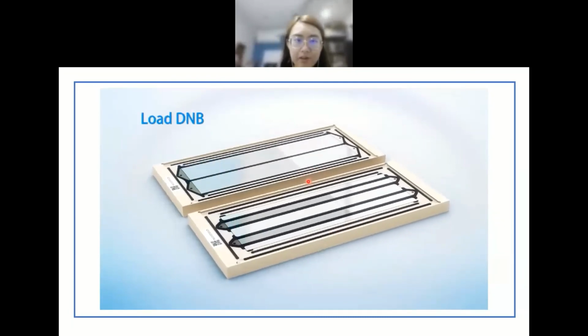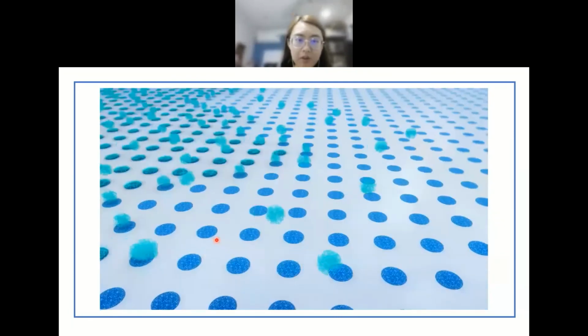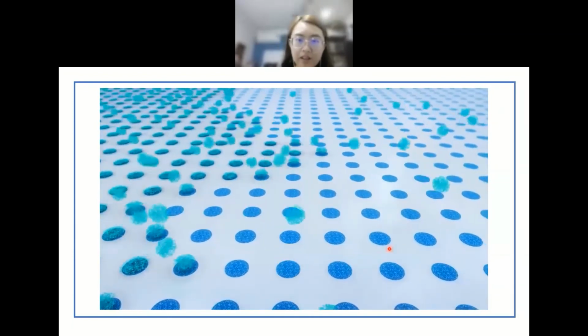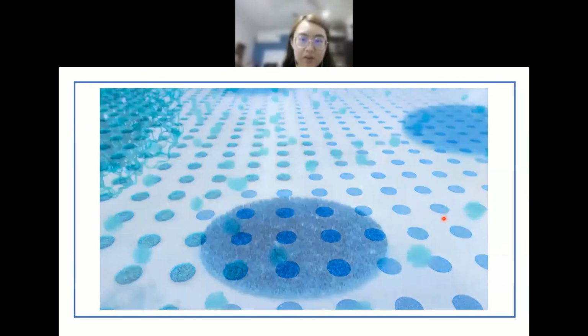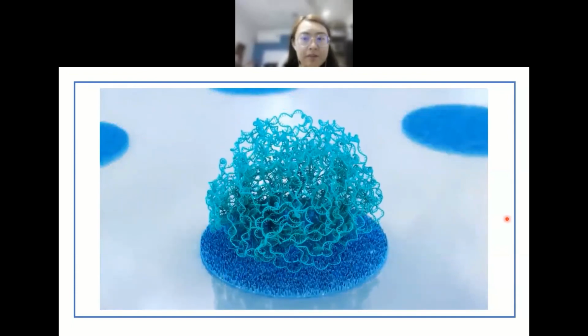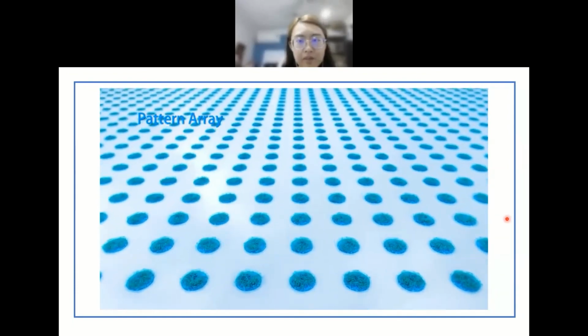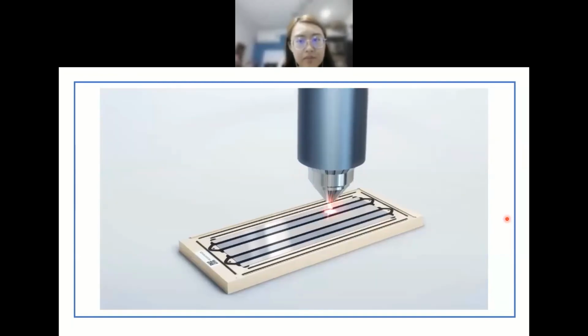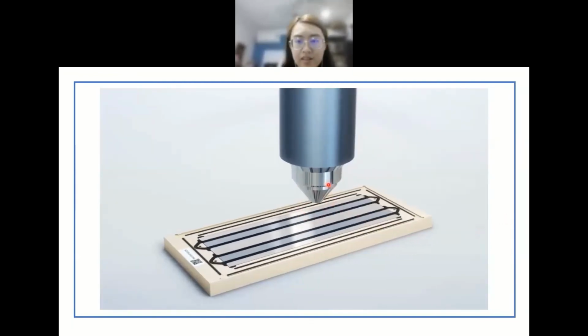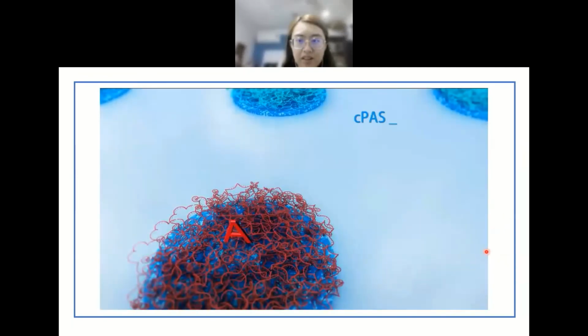So this is our flow cell where you need to load the DNB. And then under the microscope, you can see this is how it looks. And then this is the imaging during the sequencing.